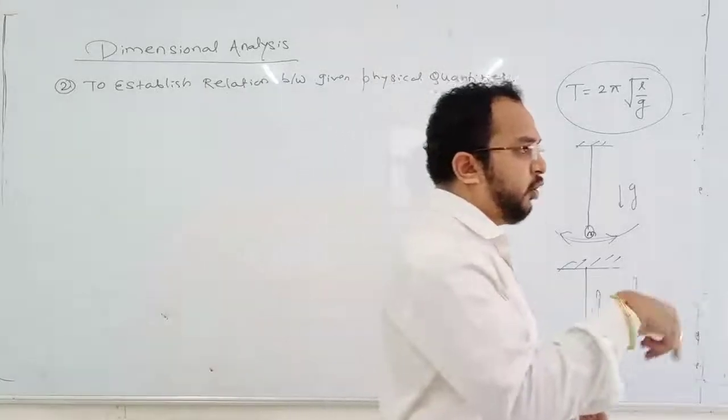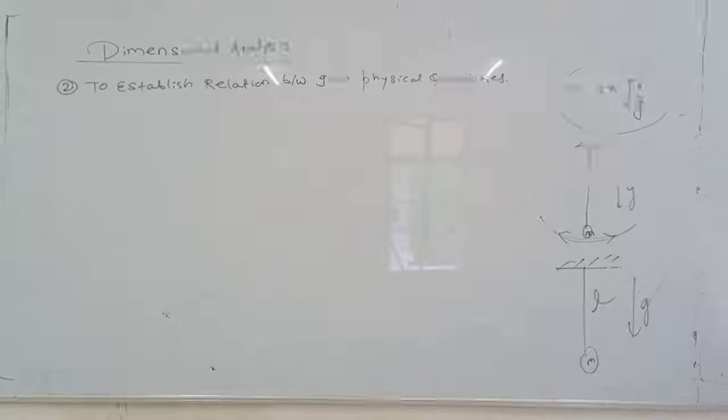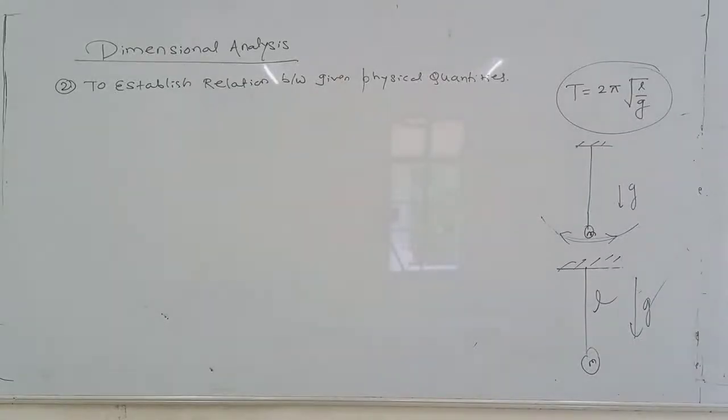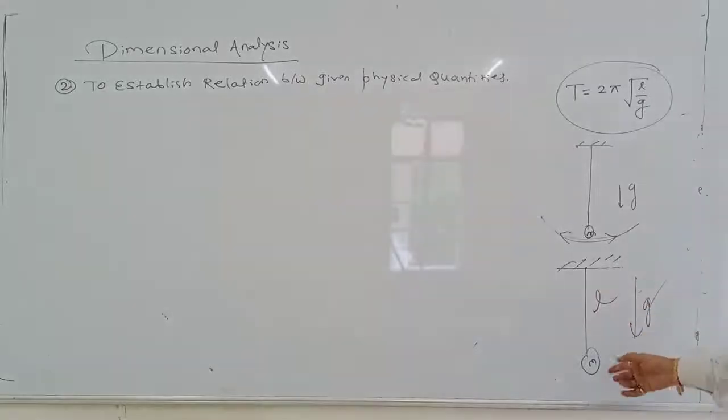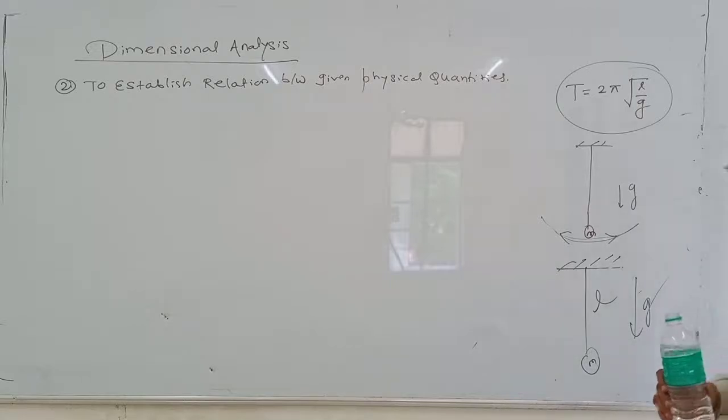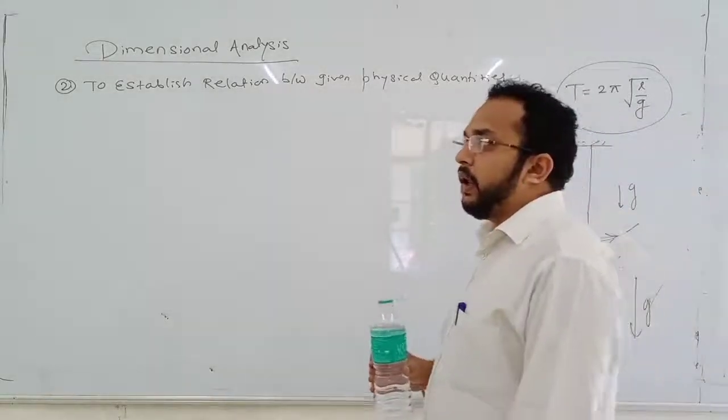So practically you can find time period by stopwatch, but you want to establish the formula for the time period based on the three quantities: mass, length, gravity. Okay. So you want to establish or just tell how it varies, like if length increases, how it affects the time period.